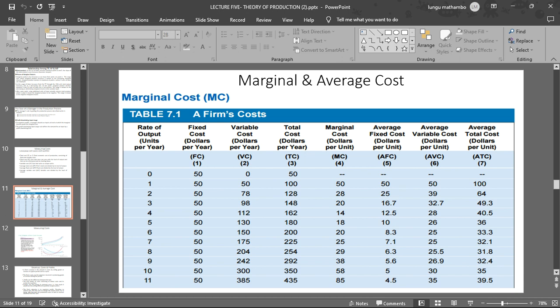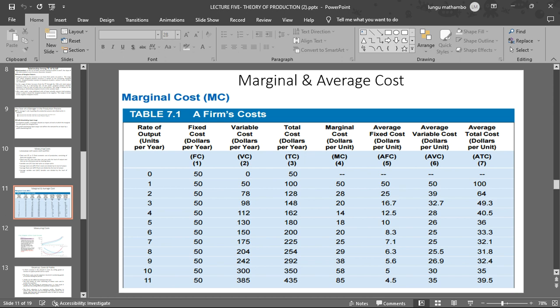So with the marginal cost, we are looking at how an increase in production, that extra unit that you have produced, impacts the cost. So you do the same throughout.